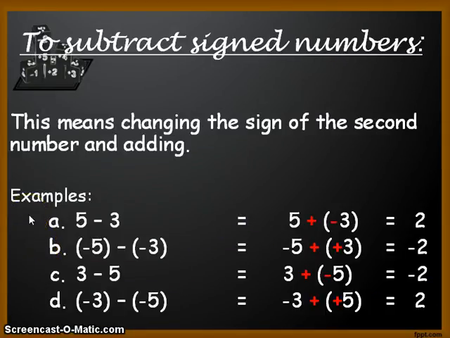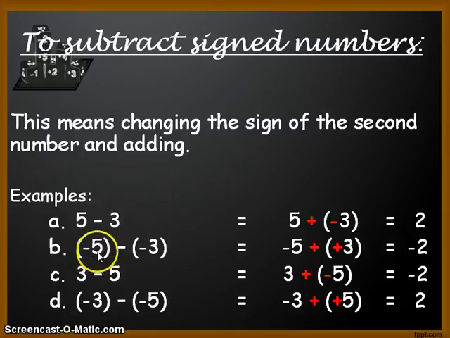That goes with these examples. So as you have noticed, positive 5 minus positive 3. So we have positive 5. We have to change the operation subtraction into addition and change the positive into negative. Then that will give us positive 2.